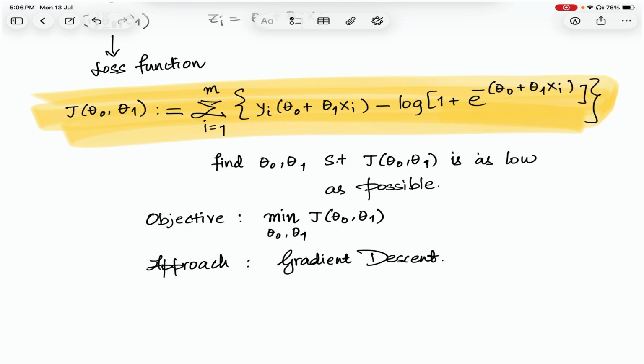So same drill as linear regression. Find this, and each parameter theta i will be updated as this. Yesterday I had forgotten the alpha parameter during the linear regression.